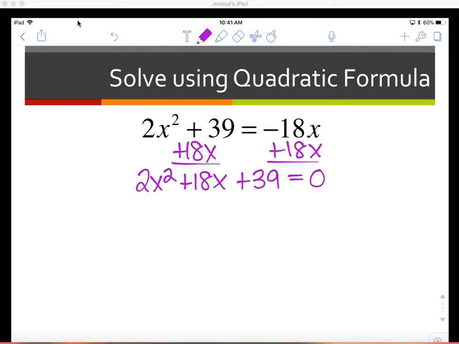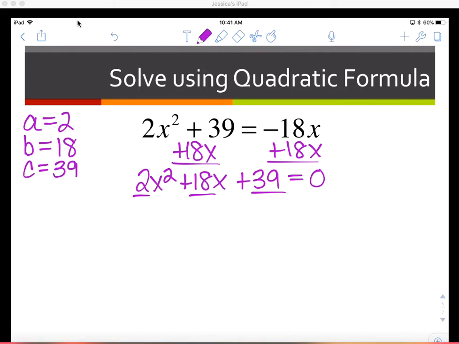When you determine A, B, and C, be careful and make sure your problem is in the correct order before you begin. A is the number in front of x squared, which in this case is 2. B is the number in front of x, which in this case is 18. C is your constant, or the number alone, in this case 39.